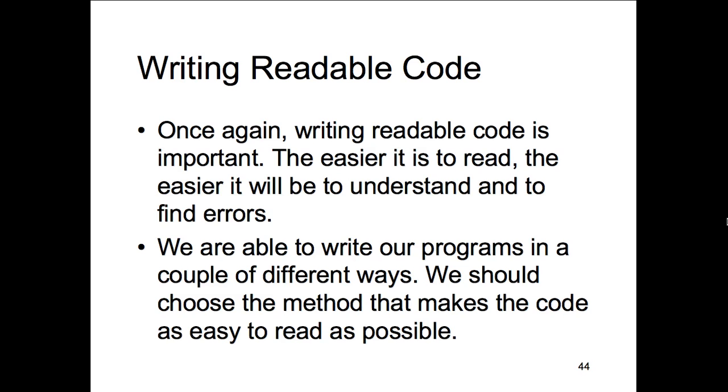Even though you got something, you can actually check to make sure this is a valid area code, this is a valid prefix, and stuff like that. You might be able to write a program in a couple of different ways. You should choose the method that makes the code as easy to read as possible. So once again, writing readable code is important. It's easier to read, so it's easier to understand and find errors if you can read it.